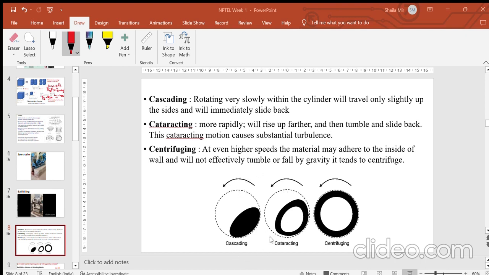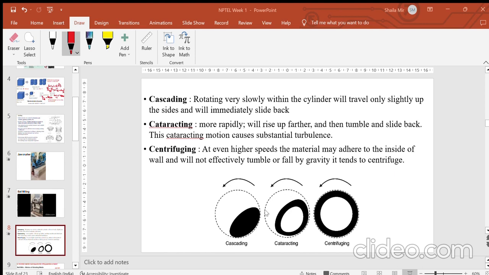But the cataracting mode is the most desirable phenomenon, where the charge material is raised to a certain height. It is not even raised to a full 180 degrees. It is raised to just less than 180 degrees, and from there it drops down in a circular form to the bottom of the mill.